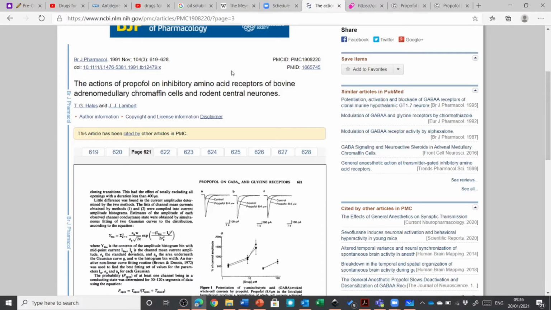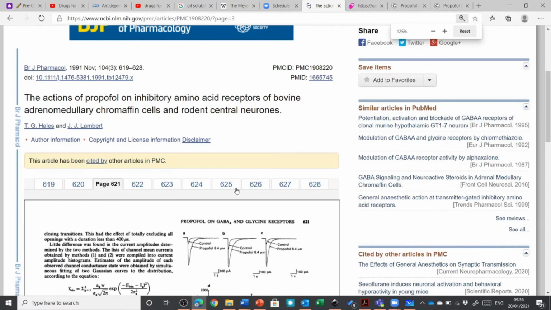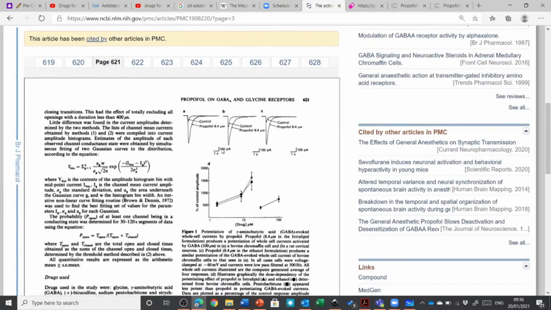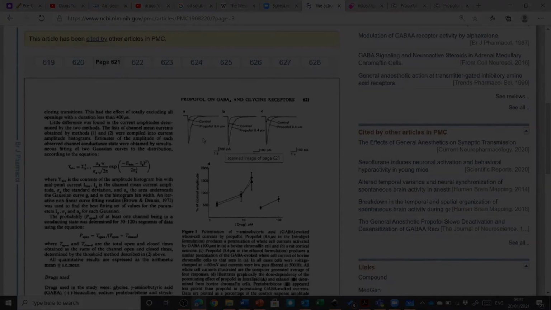Hales and Lambert in 1991 in the British Journal of Pharmacology first showed that Propofol enhances GABA-A receptor responses, as you can see here. Propofol induces anaesthesia very quickly and also doesn't really leave you with very much of a hangover, and is particularly good for short duration operations.